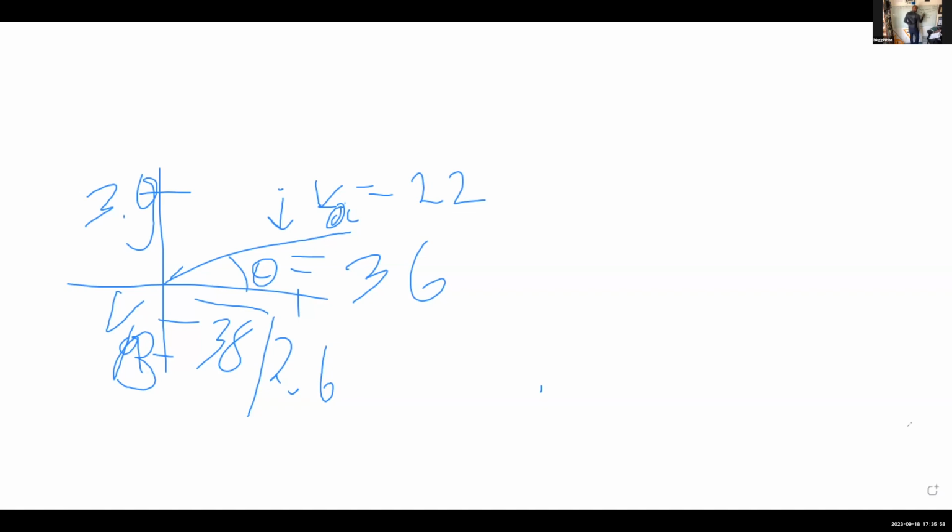So that's going to be 22 plus 38 times the sine of 36. So 44.33. I'm going to store that in 1. So this is in my register 1 and this is in my register 0.